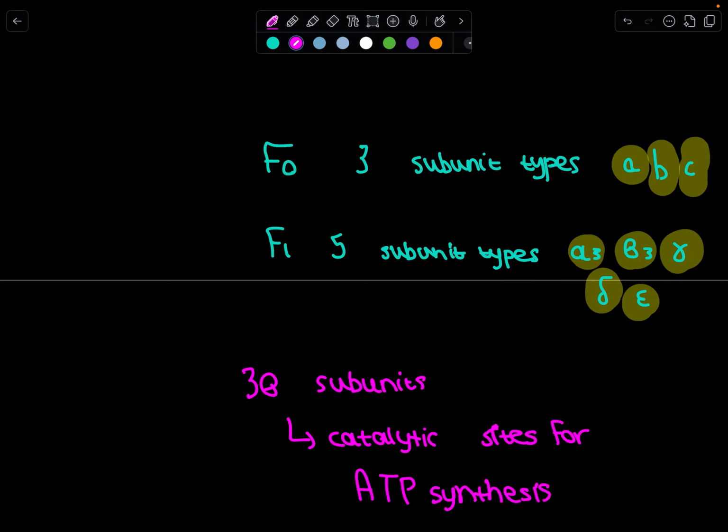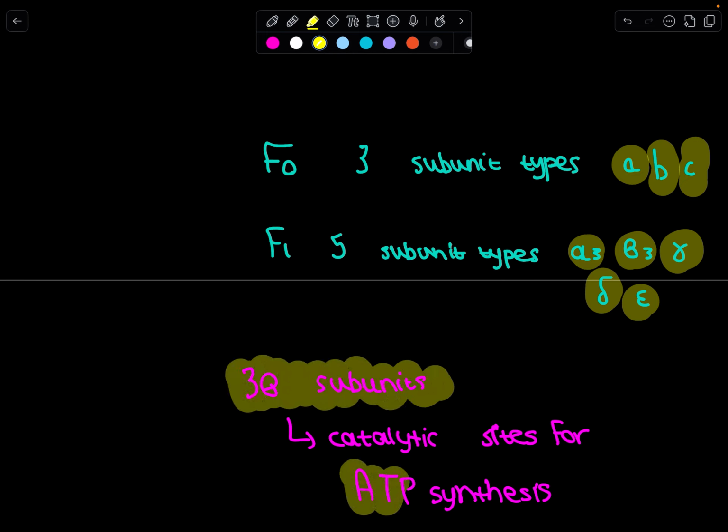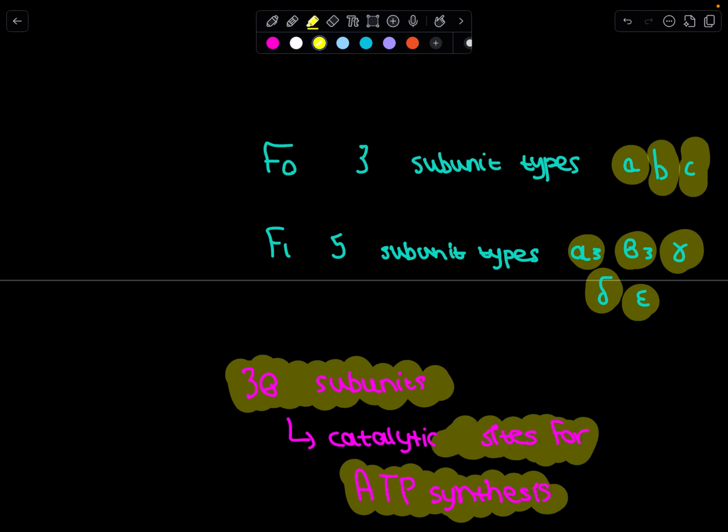F0 has three subunit types, a, b, c, forming a spinning proton channel. F1 has five subunit types, alpha, beta, gamma, delta, epsilon, and the three beta subunits are the stars because they hold catalytic sites where ADP and Pi combine to form ATP. Why beta? Each beta subunit is ideally positioned in the F1 structure.